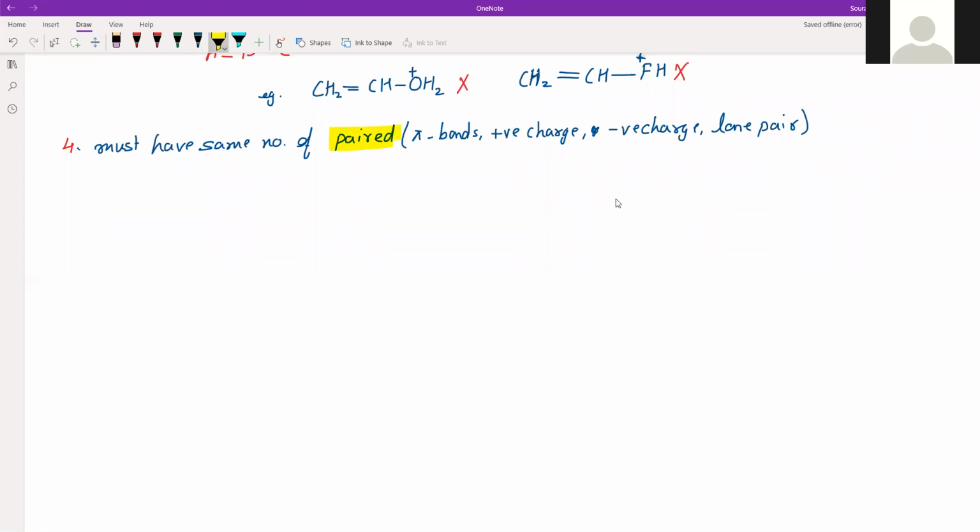So the same number of paired and the same number of unpaired electrons. And we know the case of unpaired electrons is if they have a free radical site, right? So this should not be violated again.